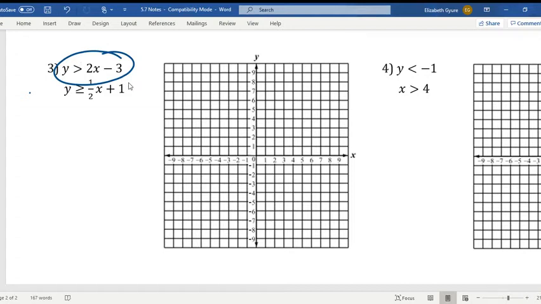Jaden, what is my y-intercept going to be on this top inequality here? So that's actually your slope. So remember, your slope is attached to the x, and the y-intercept is whatever's added or subtracted on the back.